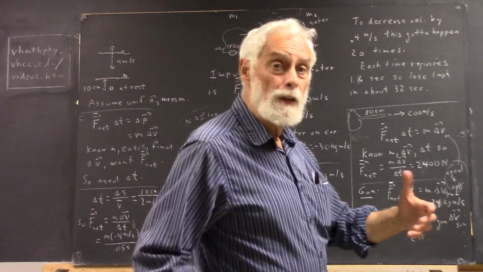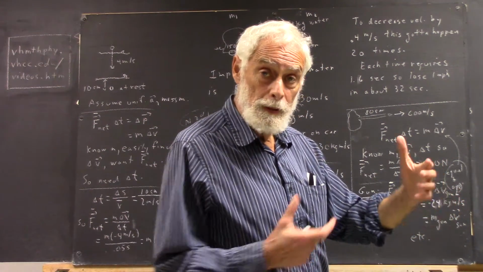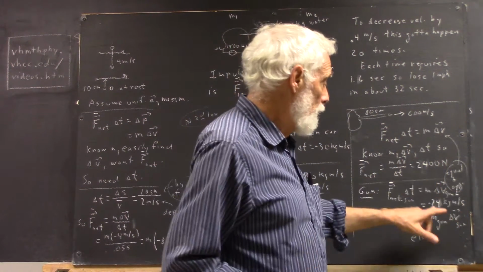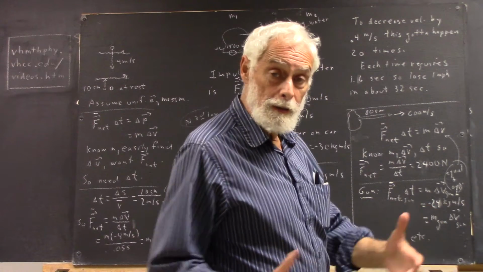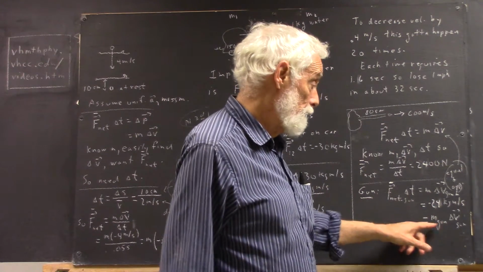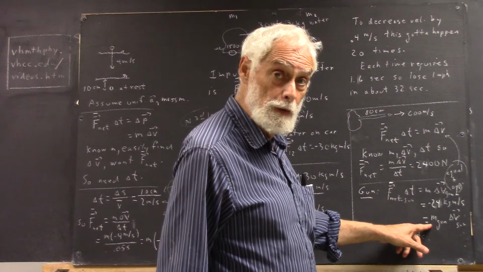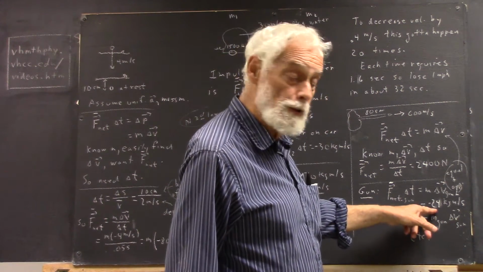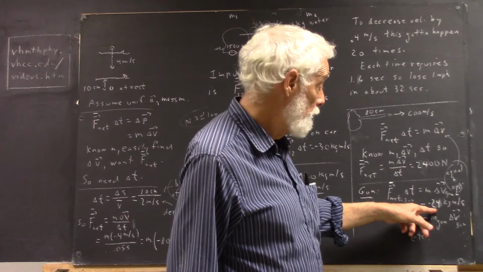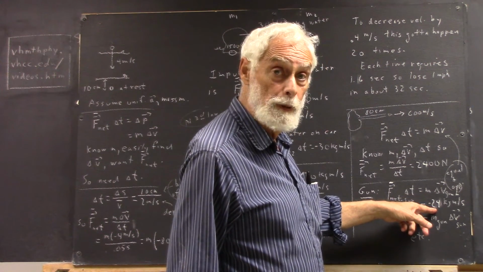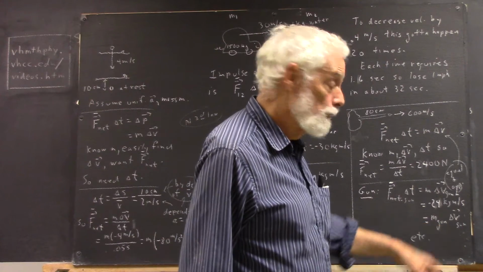Well, the question was, what will the gun's velocity be? It starts from rest, it has this impulse, and it attains what velocity? Well, just solve this for delta V of the gun. You're given the mass, 4 kilograms, you divide that into the 24 kilogram meters per second, and you get negative 4 meters per second. And that will be the change in velocity of the gun.